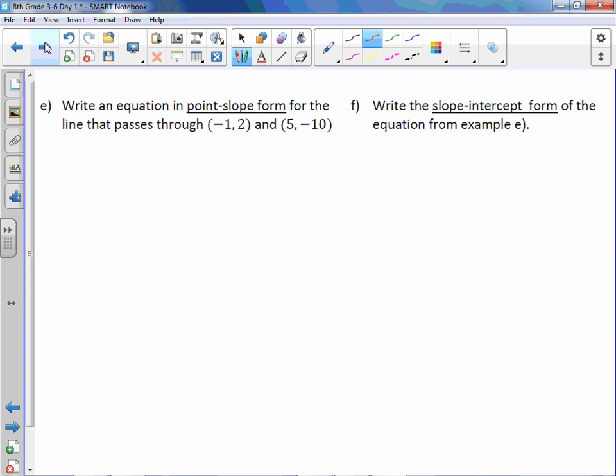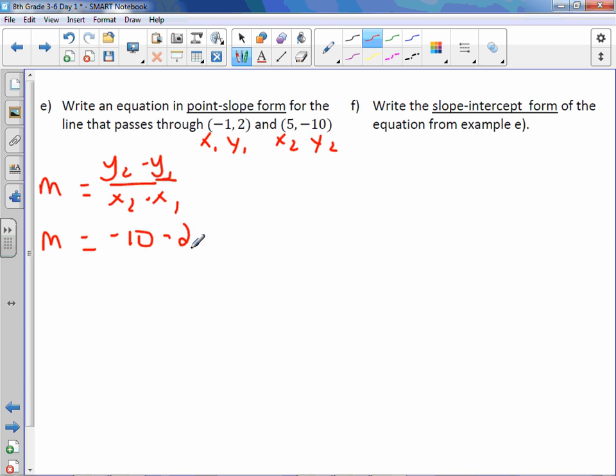Letter E, write an equation in point-slope form for the line that passes through (-1, 2) and (5, -10). So x1, y1, x2, y2. Let's start with our slope. M equals y2 minus y1 over x2 minus x1. M equals y2 is negative 10 minus y1, which is 2, over x2, which is 5, minus x1, which is negative 1.